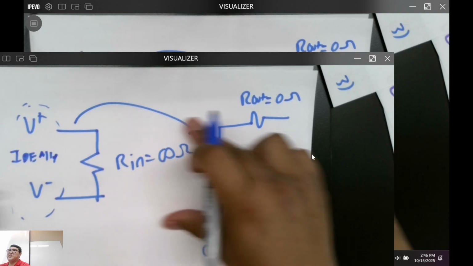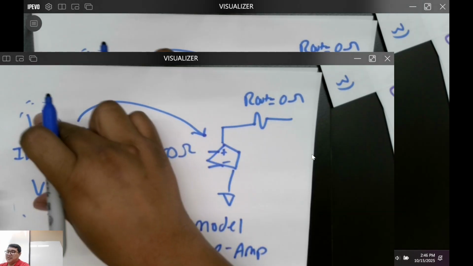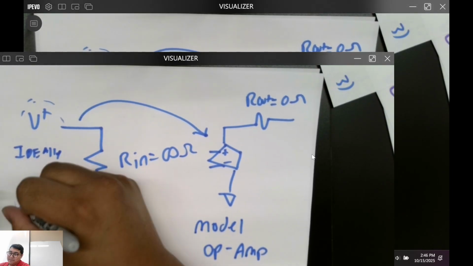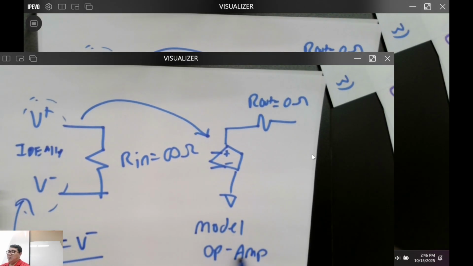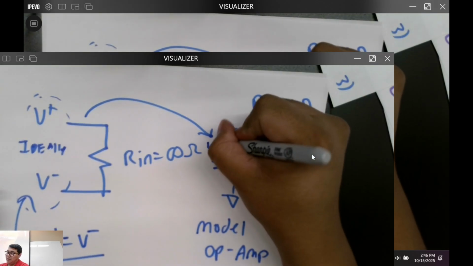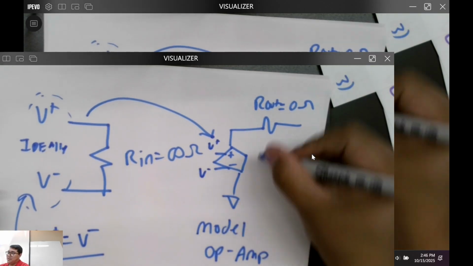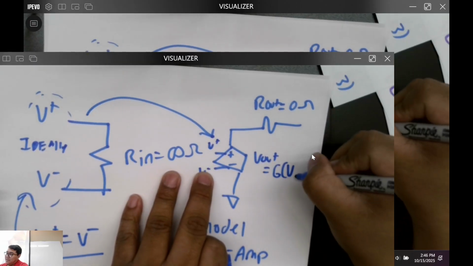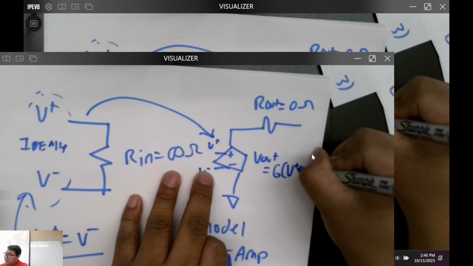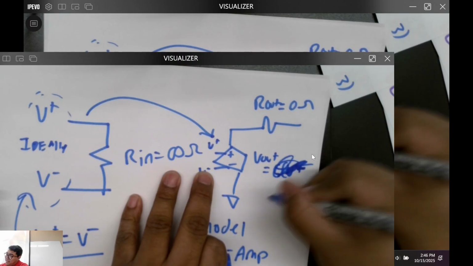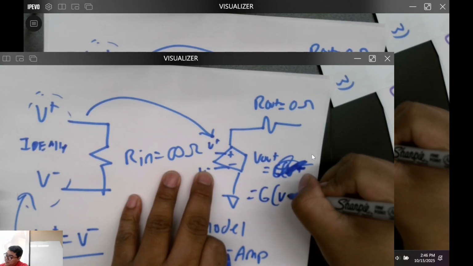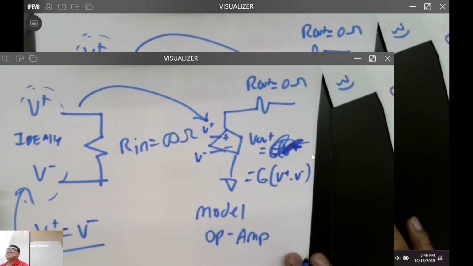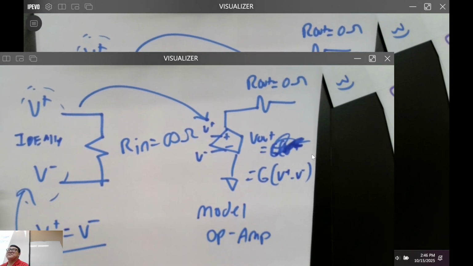So when you're doing your circuit calculations, you're going to assume this condition, V plus is equal to V minus. But when you're doing your actual homework, this is what's actually happening, V out is equal to some gain times V plus minus V minus. Does that make a little sense? You guys want to see an example?